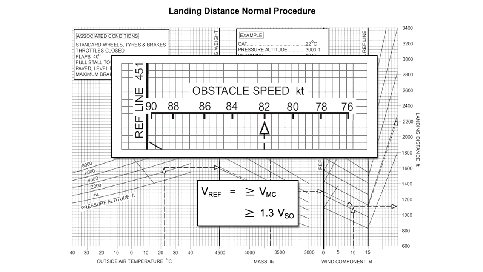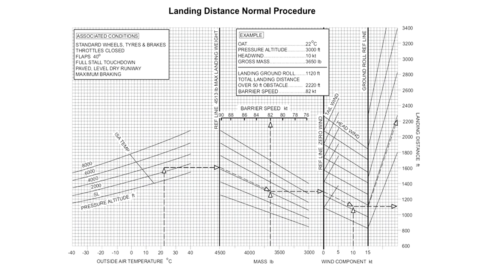A pilot must adhere to the VREF speeds shown here because they are the speeds that have been used to construct this graph. If a pilot were to deviate from these speeds, then the required aircraft performance would not be achieved.